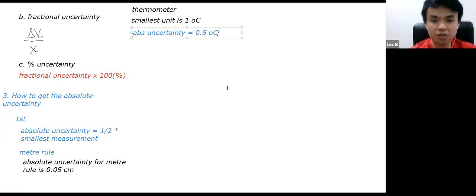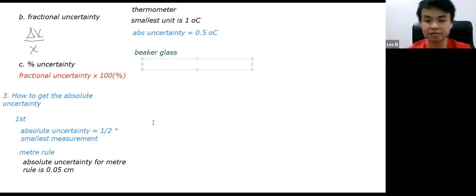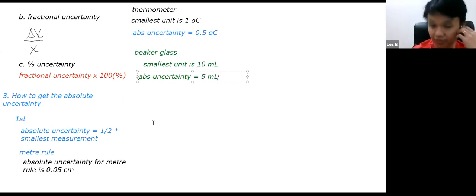If you are using a beaker in your chem experiment, the beaker is usually in multiples of 10, right? 10 milliliter. So the absolute uncertainty is 5 milliliter. Understand until here? This is a common one.